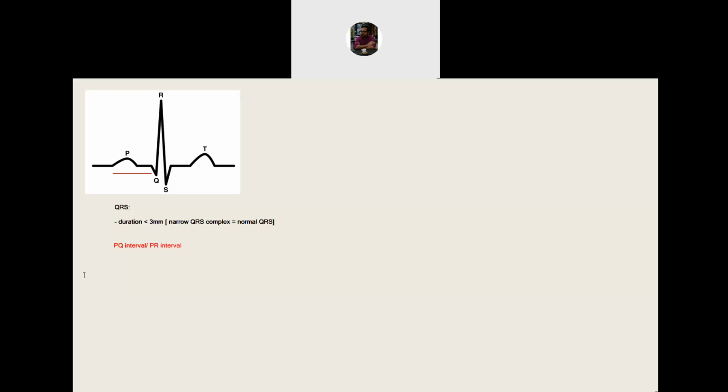So what does the PR interval represent? We have already seen that the P wave represents atrial depolarization and the QRS complex represents ventricular depolarization. So the time between the two indicates the time from the beginning of atrial depolarization to the beginning of ventricular depolarization.